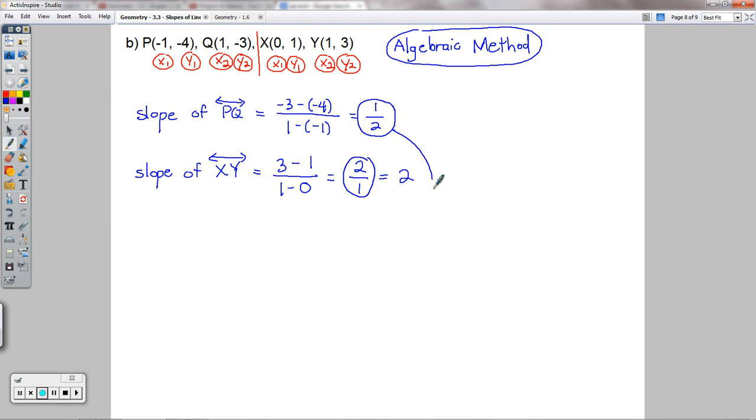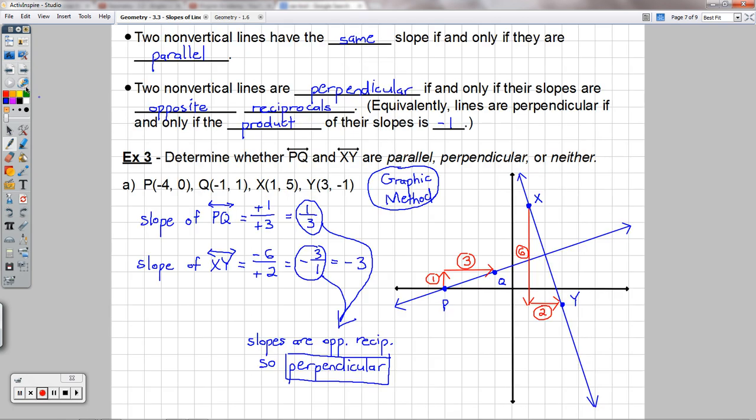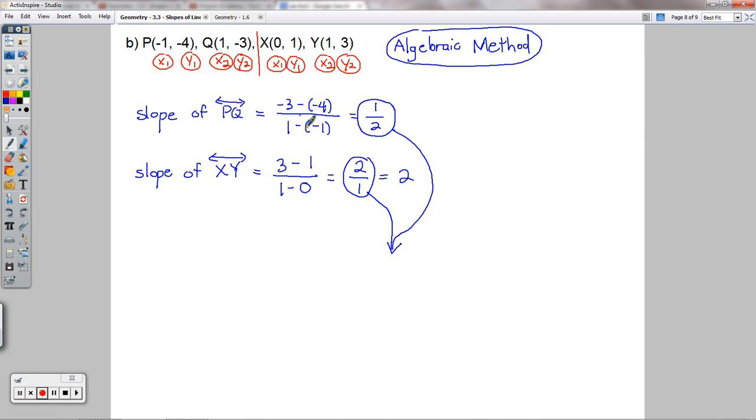What does this mean, though, for the problem that we're talking about? Is this parallel, perpendicular, or neither? Well, I see this mistake a lot. Students will look at this and say, oh, they're reciprocals, they're perpendicular. Wait a minute. They have to be opposite reciprocals. So one has to be positive and the other one has to be negative.